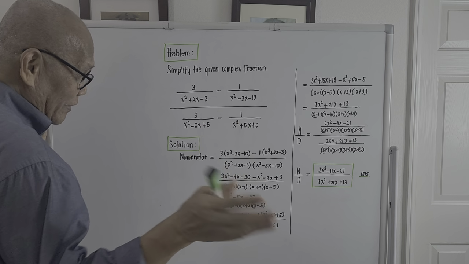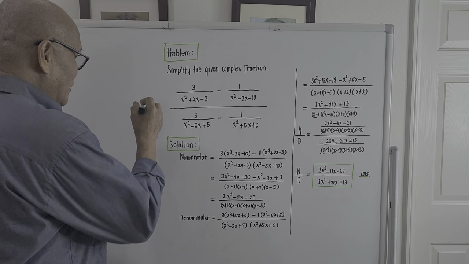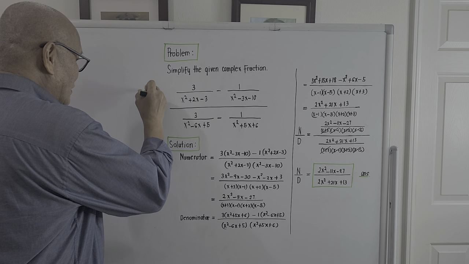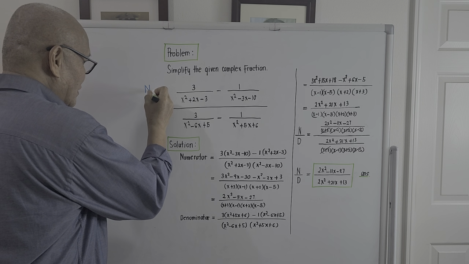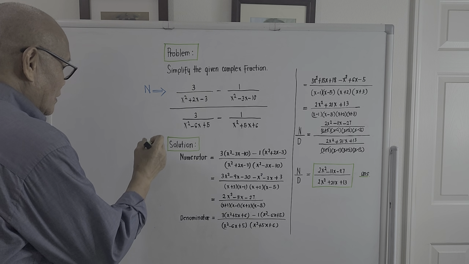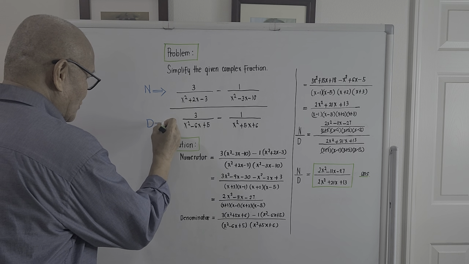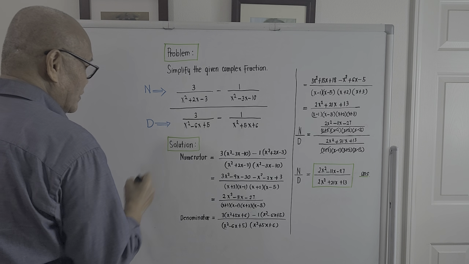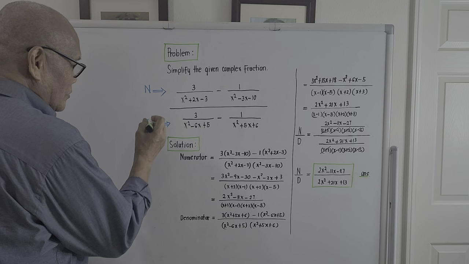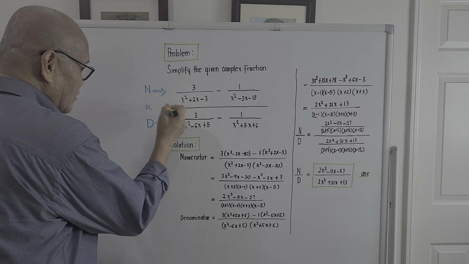It's a very long one, I will read it. The total value of the numerator is this portion here. And the total portion of the denominator is this portion here. So the dividing line is this one.